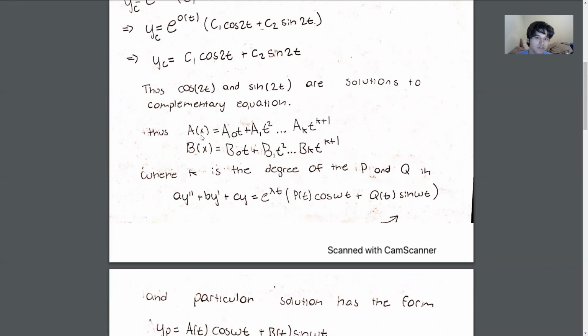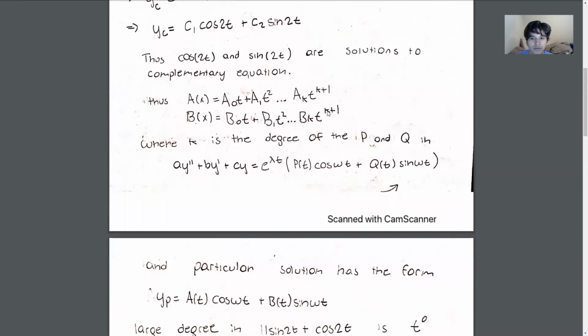This should actually be t. That's a mistake I made, but just think of it as at should be this expression and bt should be this expression. So here we have that k is the largest degree of p and q in this expression right over here.